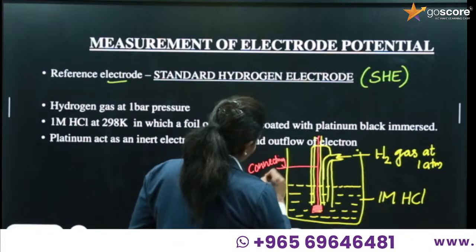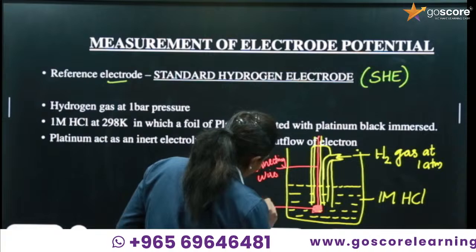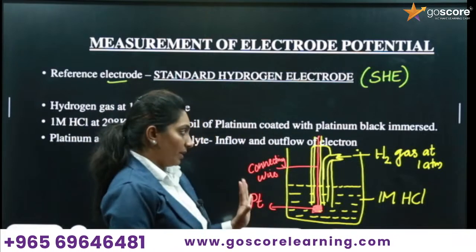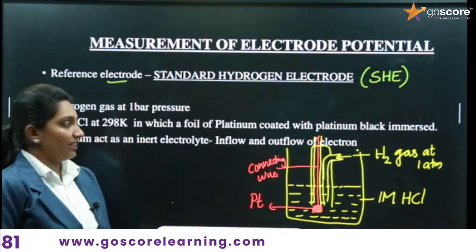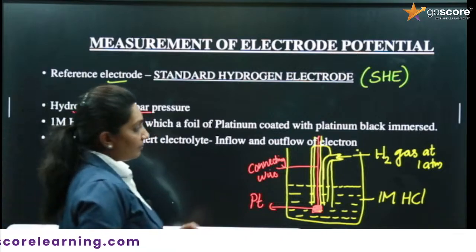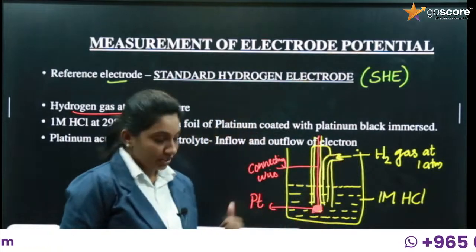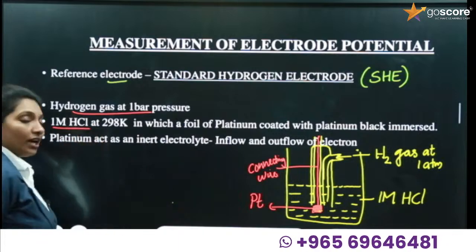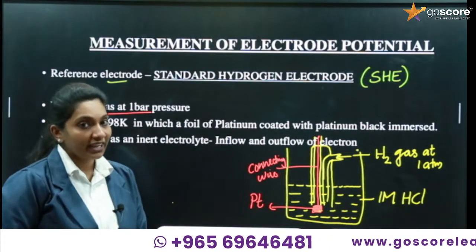This is the platinum. Okay, so this is the diagrammatic representation of a standard hydrogen electrode. It will contain the hydrogen gas at 1 bar pressure, applied to the 1 molar HCl, and the temperature should be 298 Kelvin.